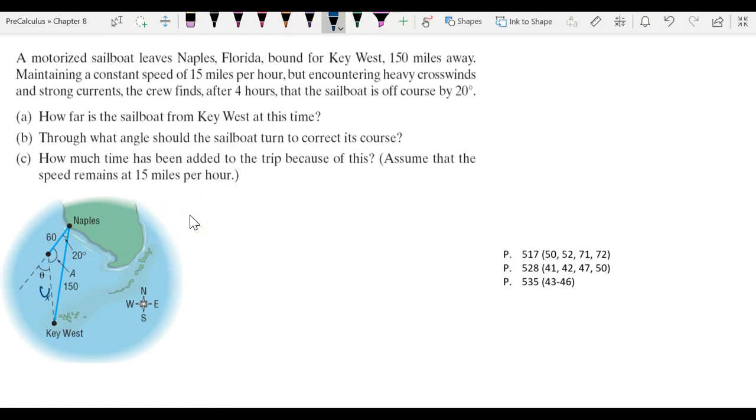So I'm going to let this side be my C, okay? And I'm going to do law of cosines. So I'm going to do C squared equals A squared, which I'm going to let be 150, plus B squared, which I'm going to let be 60, minus 2 times 120 times 60 cosine of 20 degrees.